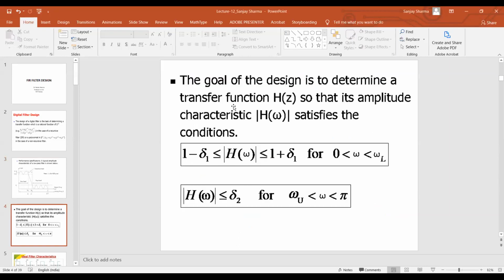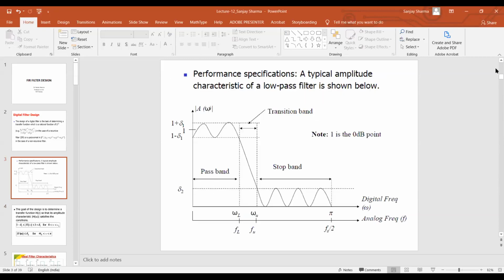All right. Now the goal of the design is to determine a transfer function. As I already said, we have to determine a transfer function. How do we determine it? We will be given the specifications of a filter.